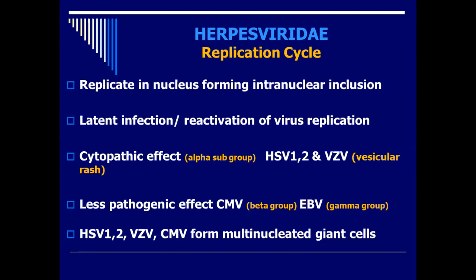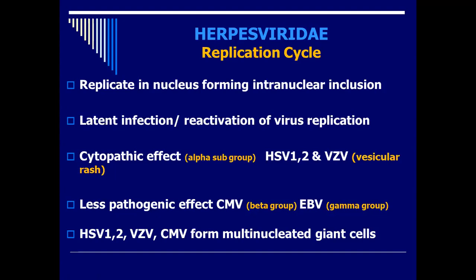So, three subgroups of the herpesviruses: the alpha group, comprising herpes simplex 1, 2, and varicella zoster viruses, causes vesicular rashes, whereas the less pathogenic viruses like cytomegalovirus, belonging to the beta group, and Epstein-Barr virus, belonging to the gamma group, do not cause vesicular rashes.